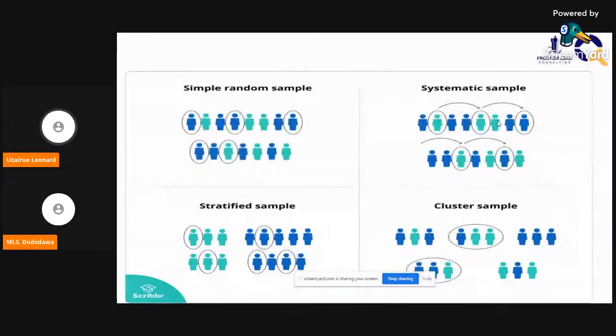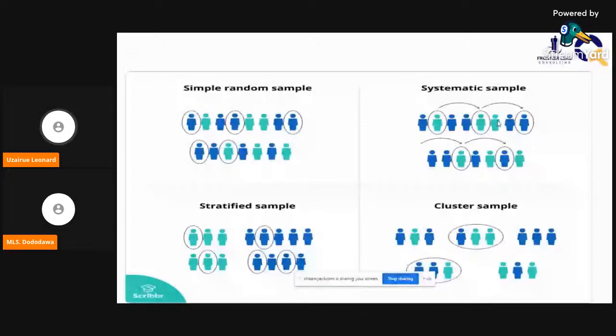Probably even before assigning numbers to the 1,000 students that I mentioned, you tell them that after the first person that you will take, it is going to be based on every other two. After two persons, then you pick the next person.